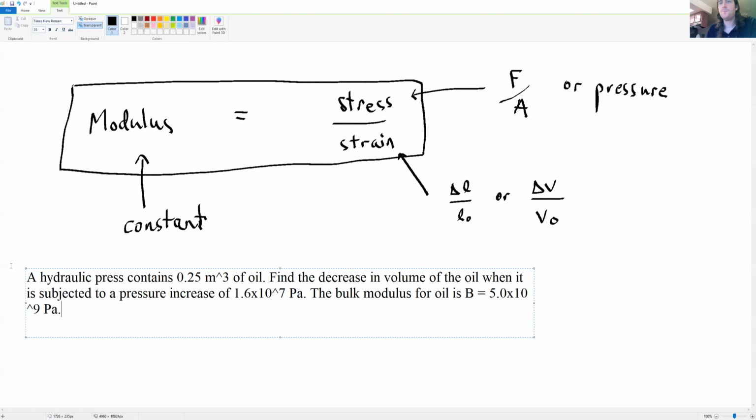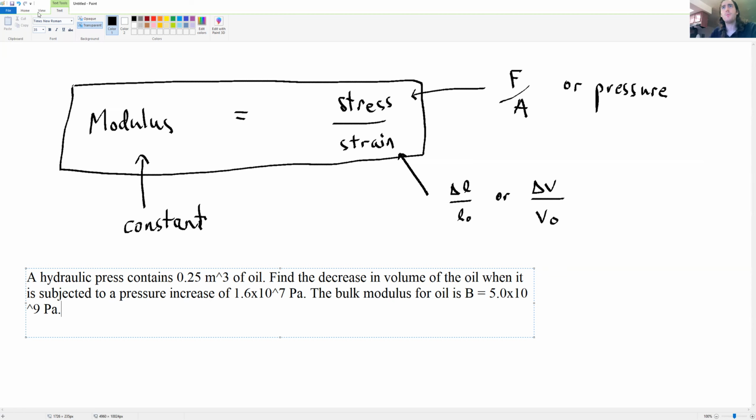Okay, so here's the question. We have a hydraulic press that contains some amount of oil. Find the decrease in volume of the oil when it is subjected to a pressure increase of this amount. The bulk modulus for oil is given. We'll talk more about hydraulic presses in the next chapter when we discuss fluids. I'll leave the image here as is with this equation up here.